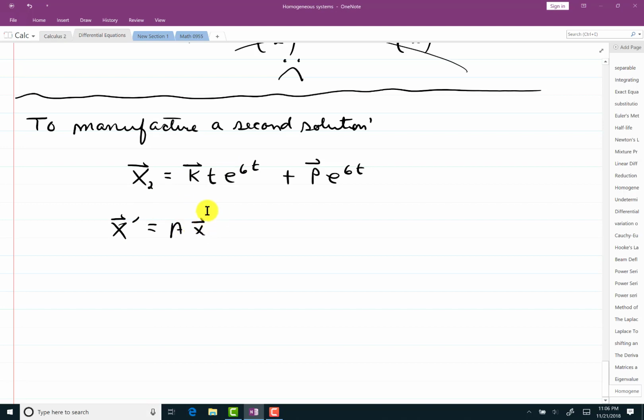Into here is not a problem. First, let me take the derivative of x2. As I mentioned before, the k is nothing but constant coefficients, so they're not involved in any kind of derivatives, but this stuff is. So, as typical, I'll take the derivative of t as 1, and then I'll leave that part alone, and I'll get 6e to the 6t. Then the second one will give me 6e to the 6t.